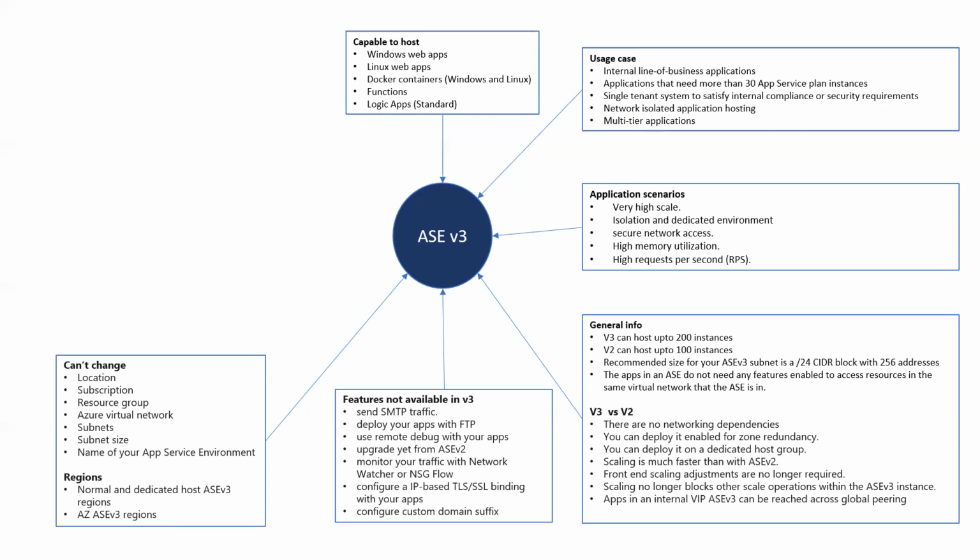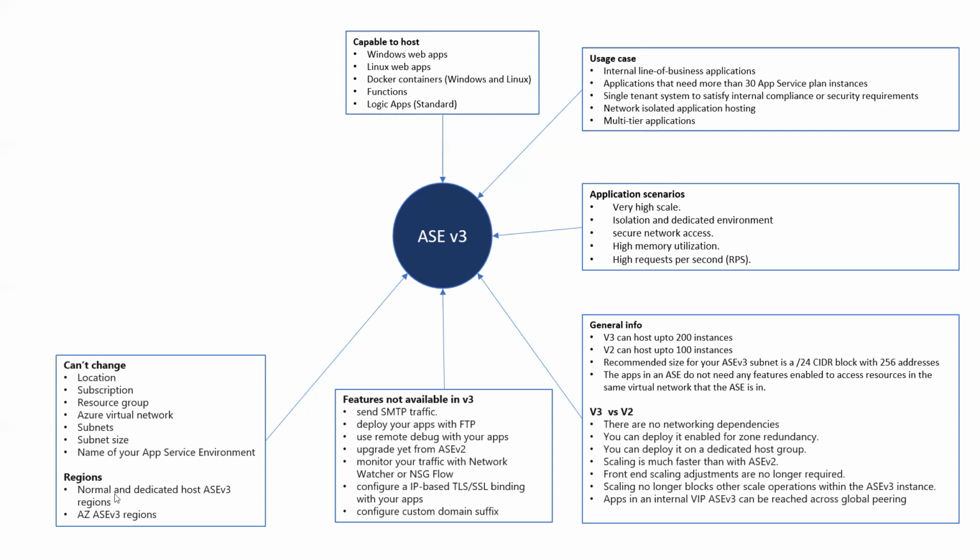And the apps subnet size cannot be changed. So make sure you use a /24 CIDR, which is the recommended size for the subnet. The name of the app service environment also cannot be changed, because it creates a globally unique URL.